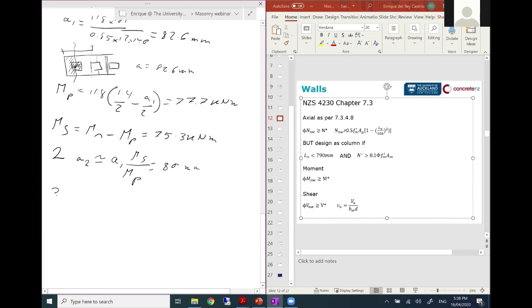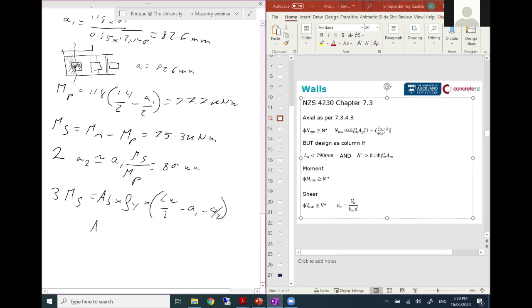And now point 3, we calculate MS. This is equal to the area of longitudinal steel times the yield strength of the steel times the length of the wall over 2 minus A2 over 2.